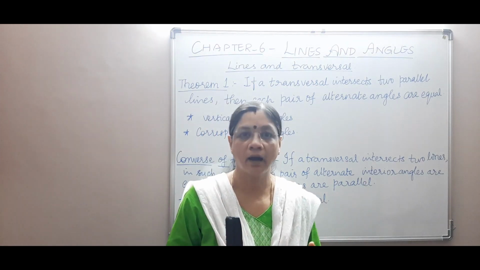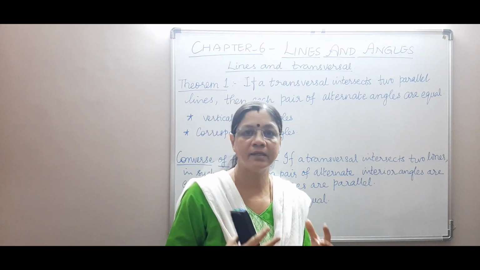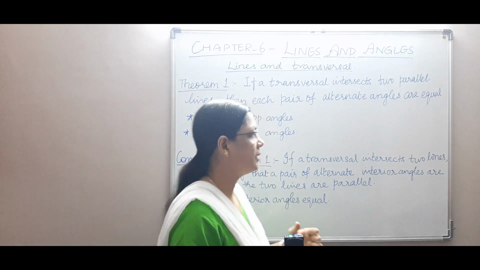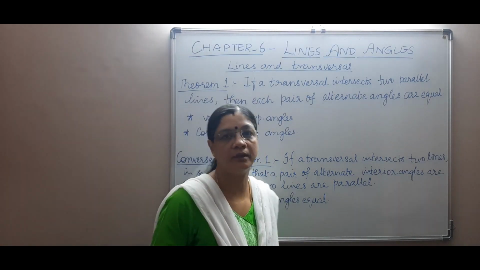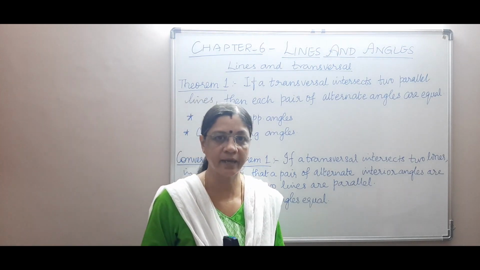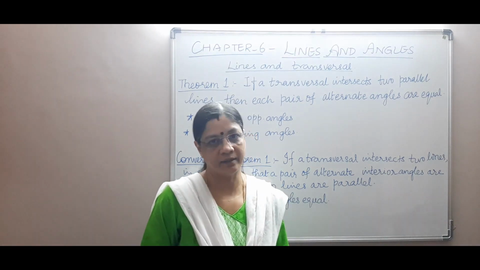Corresponding angles are equal, vertically opposite angles are equal. So with these basic ideas, let us try to prove some of the theorems, that is about the interior alternate angles and so on. Okay, we'll try to understand what we have seen in the last class.